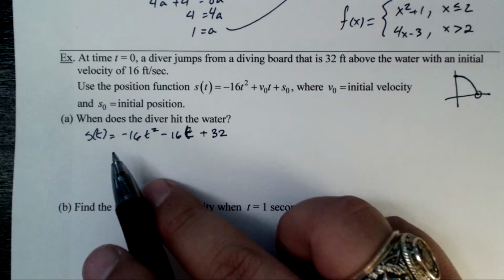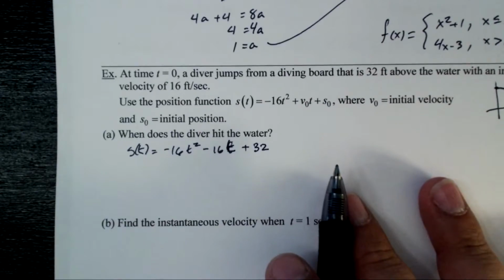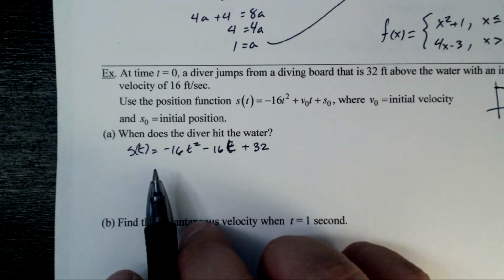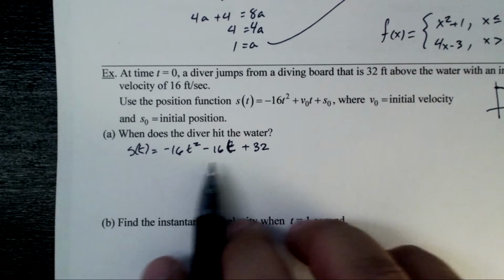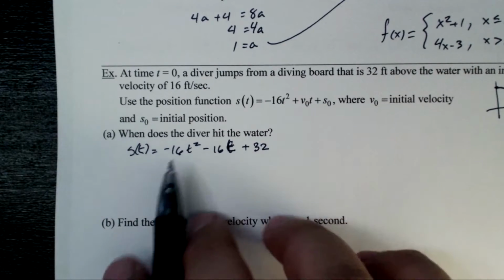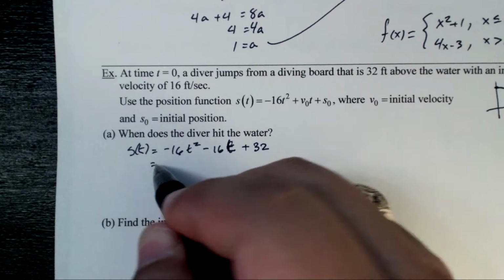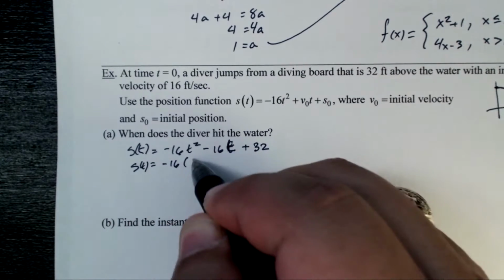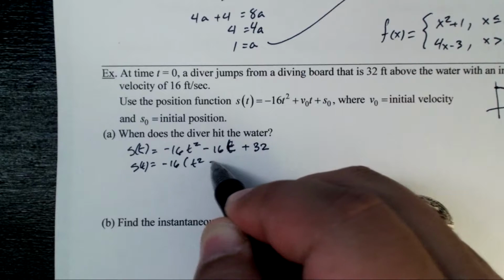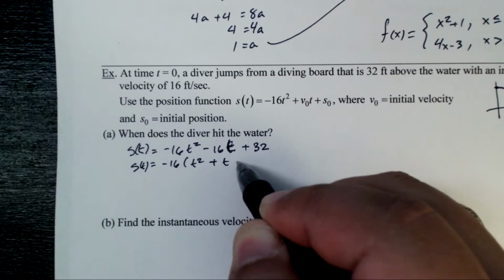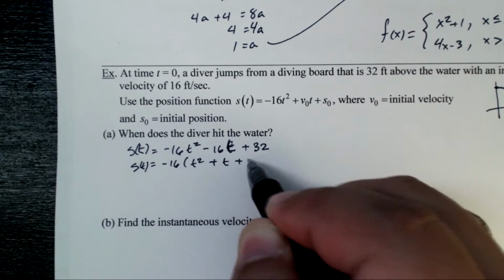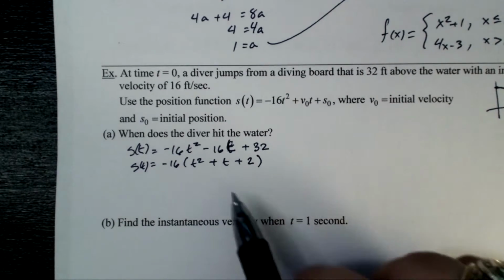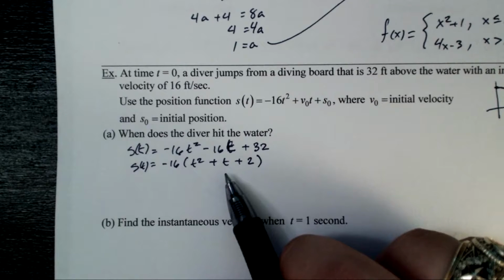Let's see, we're going to solve for our zeros. The first thing we can do is factor out a negative 16. If we're doing this by hand, we factor out a negative 16, which leaves us with t squared plus t minus 2.